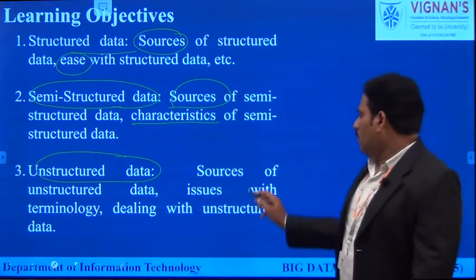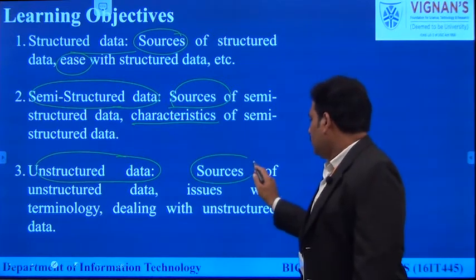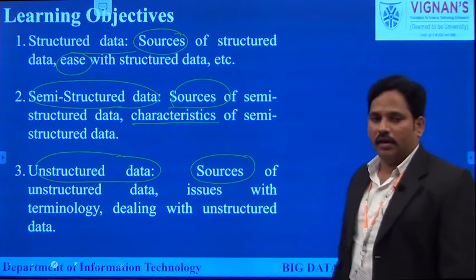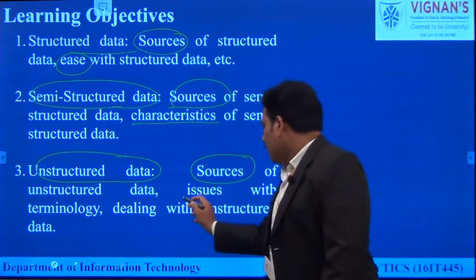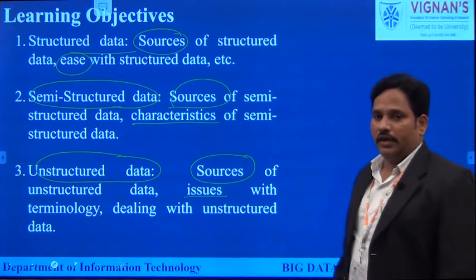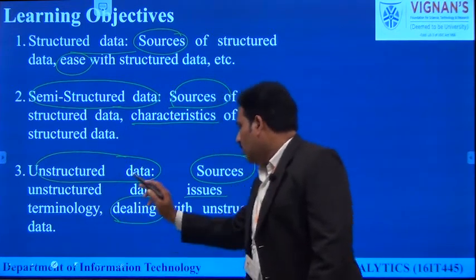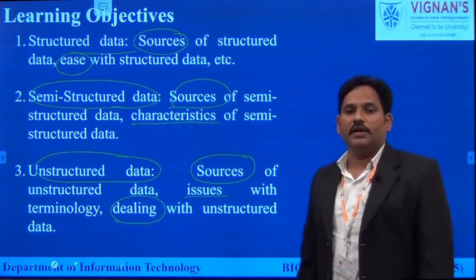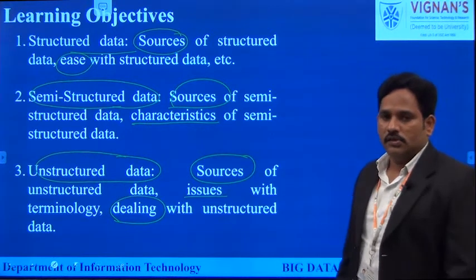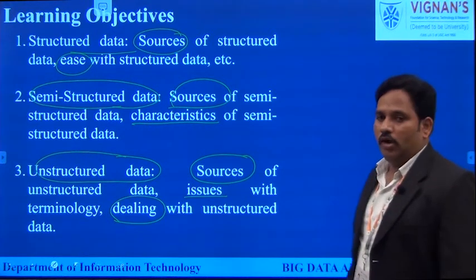That means what the sources of unstructured data are in real-time applications, what the major issues related to unstructured data are, and how to handle and deal with unstructured data when it is generated in enormous size. So these 3 are the learning objectives.